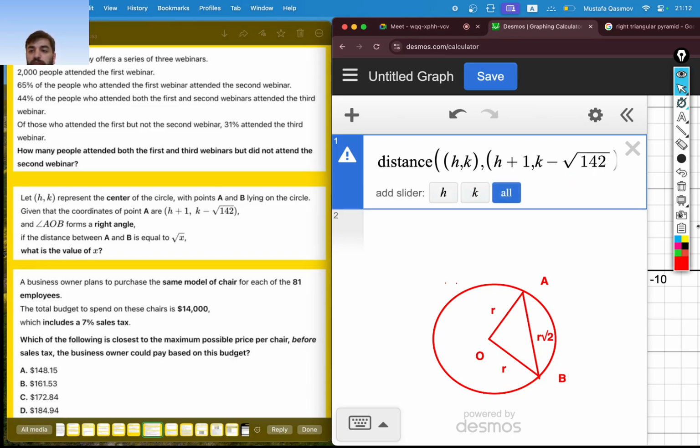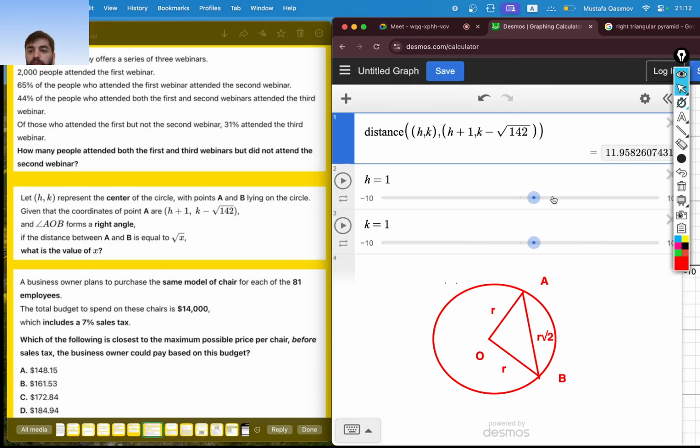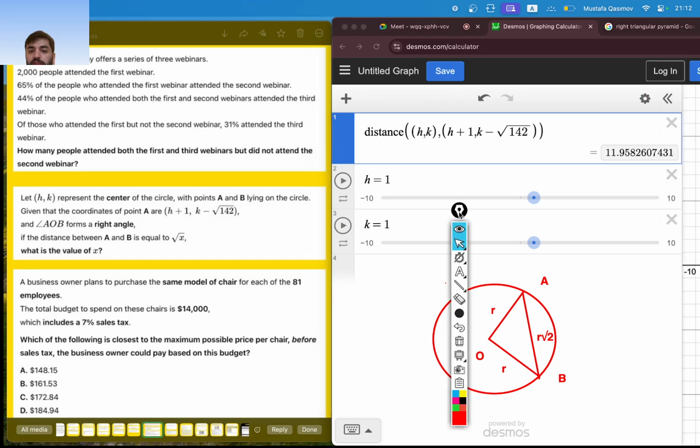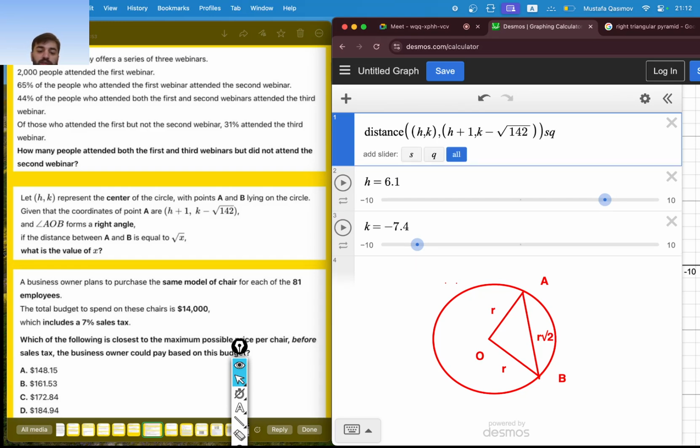Then we have to write numbers instead of H and K. So you can see that it will not change when we remove it. So it will be the same. Then we have to multiply it by square root of 2 because it is the radius actually, and it will be our answer.